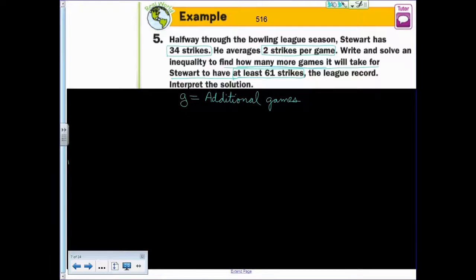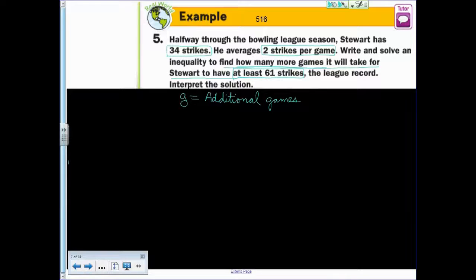We need to ask ourselves, is one of those my total? Now, this could be challenging because it says halfway through the bowling season, Stuart has 34 strikes. At first, that sounds like that's probably our total. But then when we get down to here and it says, how long will it take for him to have at least 61 strikes? Well, they both kind of sound like a total, don't they?